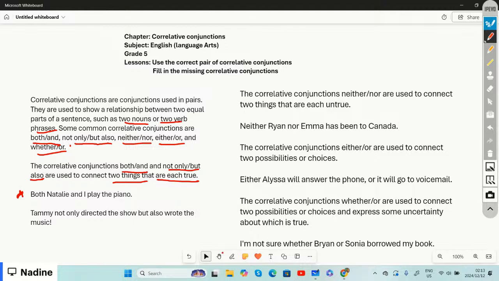Or we can even use the words not only but also. Another one says Tammy not only directed the show, but also wrote the music.